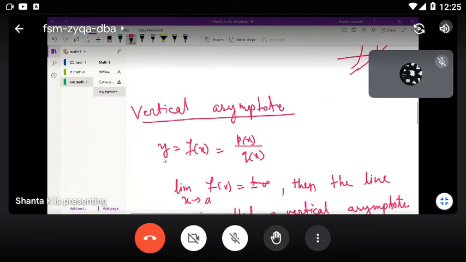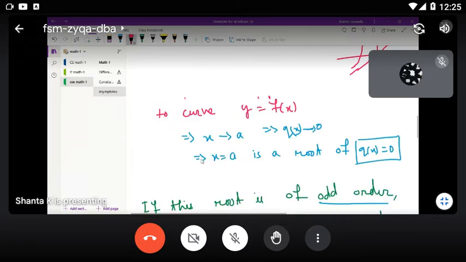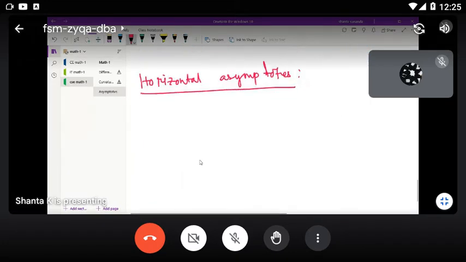For the vertical asymptote, we write y equals f(x). For the horizontal one, we will write x equals f(y), or h(y) since we have already used f. So x equals h(y), and it will be of the form p(y)/q(y). In the same manner we will look at the roots of q(y).